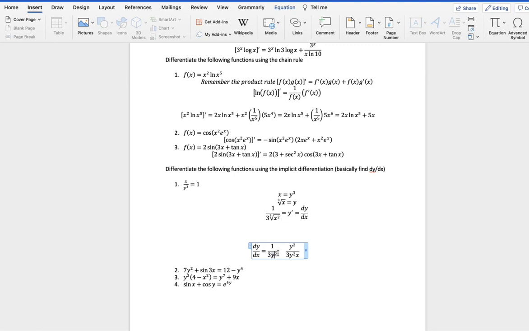From the first step that you wrote down, x is equal to y cubed. If we apply the implicit differentiation, don't we have 1 is equal to 3y squared times dy over dx? Okay, let's try that.